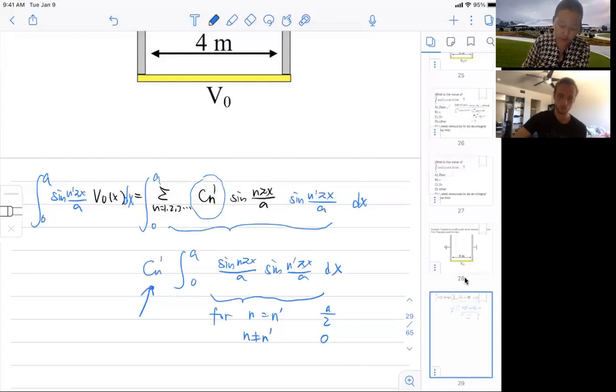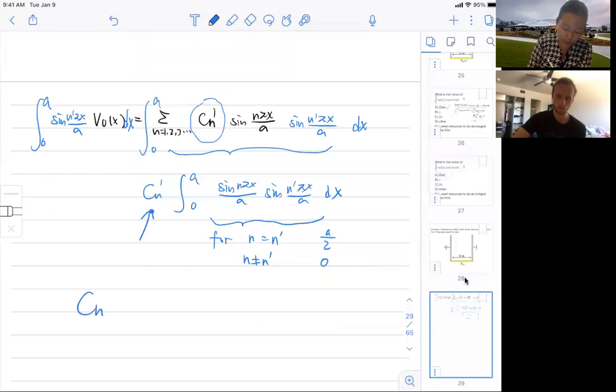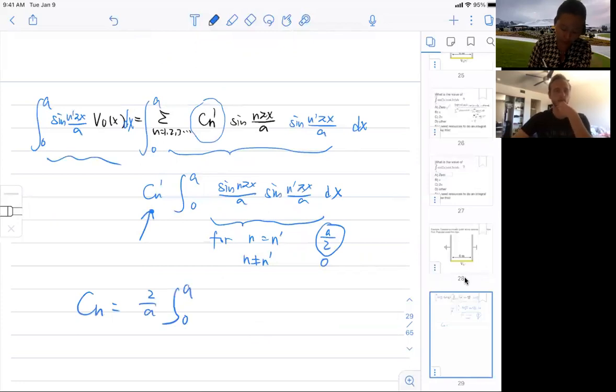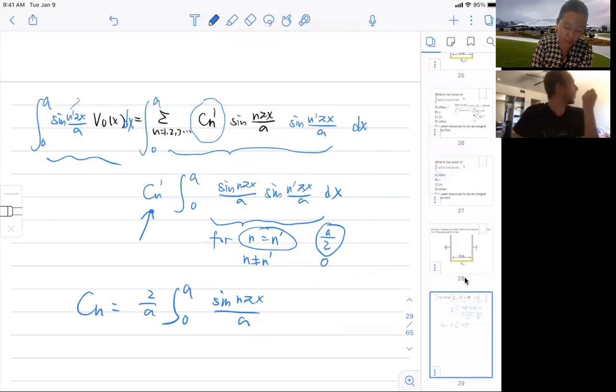Okay, so C's of n is going to be calculated: divide the a over 2 to the other side, you get 2 over a. Now the other side is integral 0 to a of sine of n pi x over a. Now you only want the n prime to be the same as n, so this n prime becomes n. So n pi x, any kind of function you want, dx.